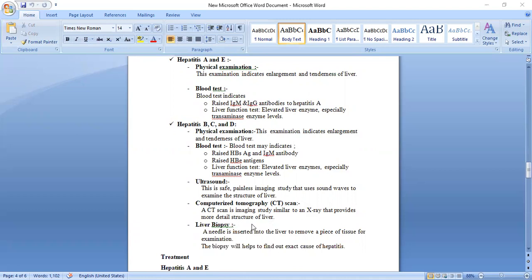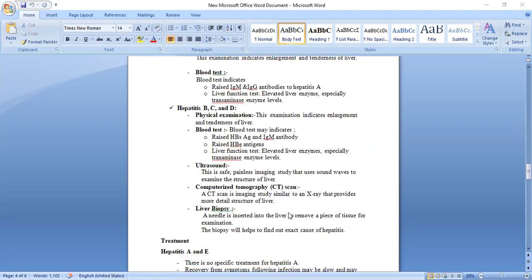Liver biopsy: the technique is the same, but here we take a biopsy of the liver. A needle is inserted into the liver to remove a piece of tissue for examination. By checking that piece, we can check in the laboratory for something like a benign tumor, so that the biopsy will help us find the exact cause of the hepatitis, why the inflammation of the liver takes place, due to a benign tumor or something else.